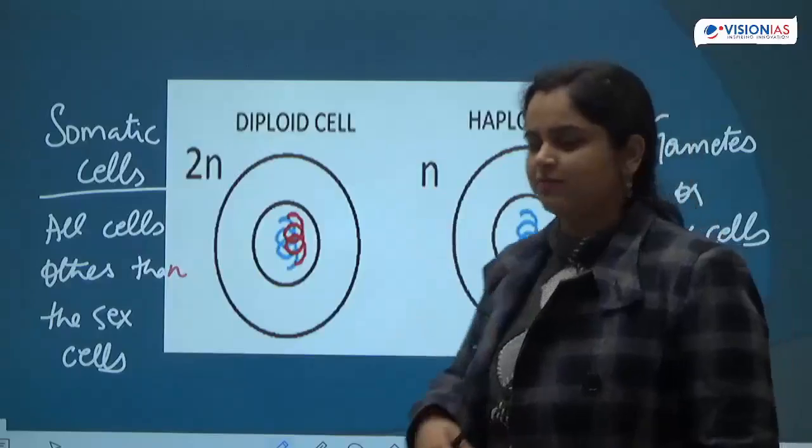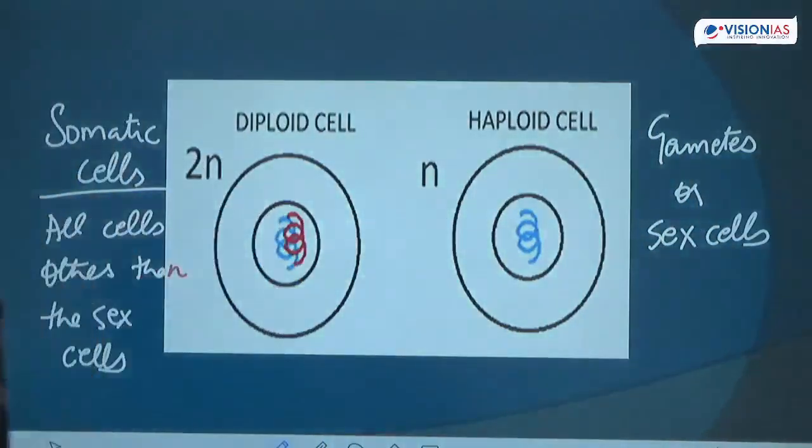Okay. We'll write both these terms up. Write down diploid.